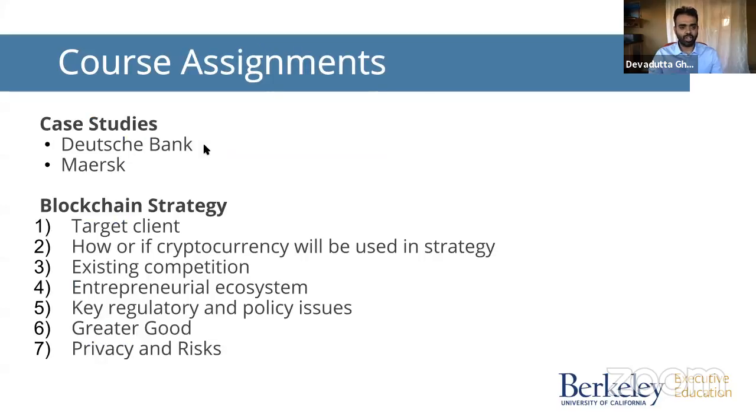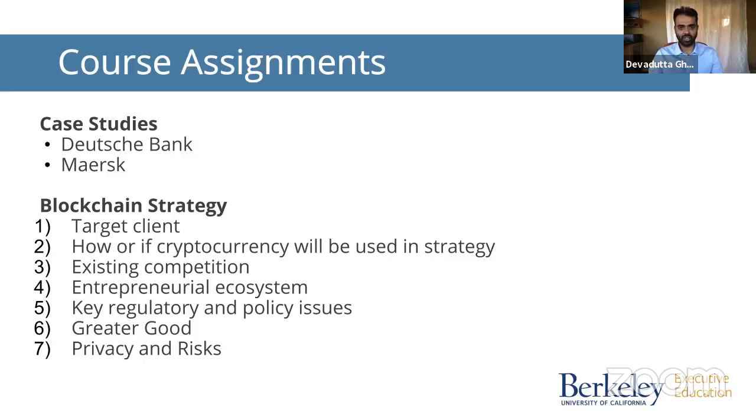We will also be doing 2 sets of assignments. One set of assignments is case studies, where you'll be doing 2 main case studies, the Deutsche Bank case study and the Mars case study, and we'll also be doing a final blockchain strategy case study, where you'll figure out and pick a target client.